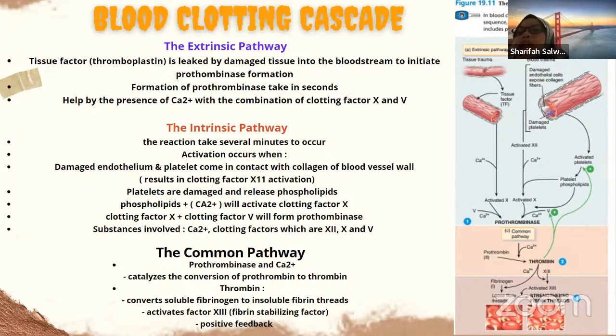If it is tissue trauma, use the extrinsic pathway. The intrinsic pathway is if it damages endothelial cells. Tissue trauma or blood trauma? Blood trauma, intrinsic pathway. Extrinsic is tissue trauma. What's the difference between tissue trauma and blood trauma?